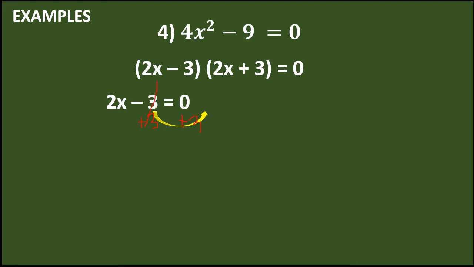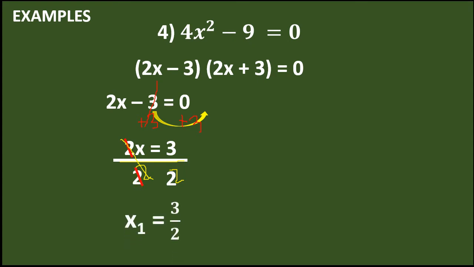So bring down 2x, and 0 plus 3 is 3. It will become 2x equals 3. After that, to get the value of x, we have to divide both sides of the equation by 2. We can cancel this, and our x of 1 is 3 over 2, or 3 halves.